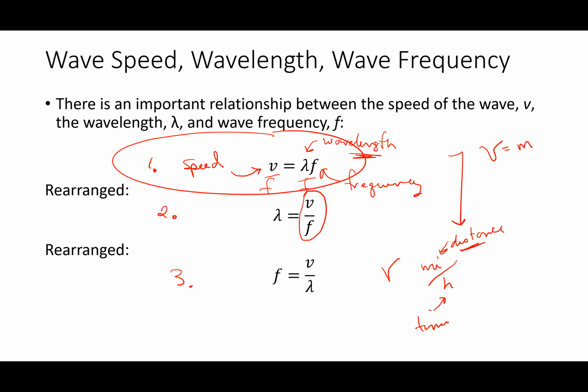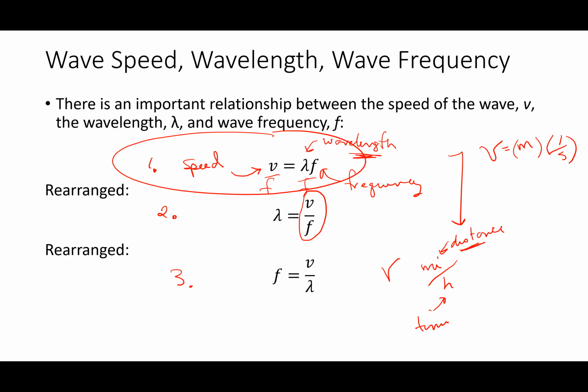And what are the units of frequency? Do you remember? I'm counting 1 second, how many cycles? So it's per second. Yeah, it's just per second. So we have meters, and I'm going to multiply that by per second.